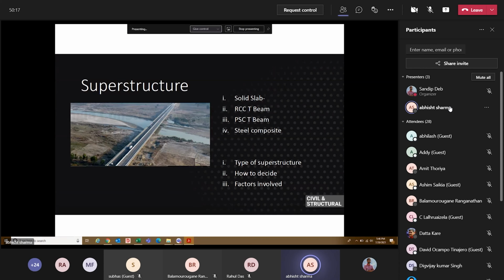Many checks that we do as per design, as per deflection checks, as per span length, as per the width of the bridge, and as per the loadings which are going to come over that. There are different sets of loadings as per Indian Road Congress codes. There are different loading combinations, and then we have to see if our bridge is able to survive those forces or not. So this should be our main focus in deciding the superstructure types.